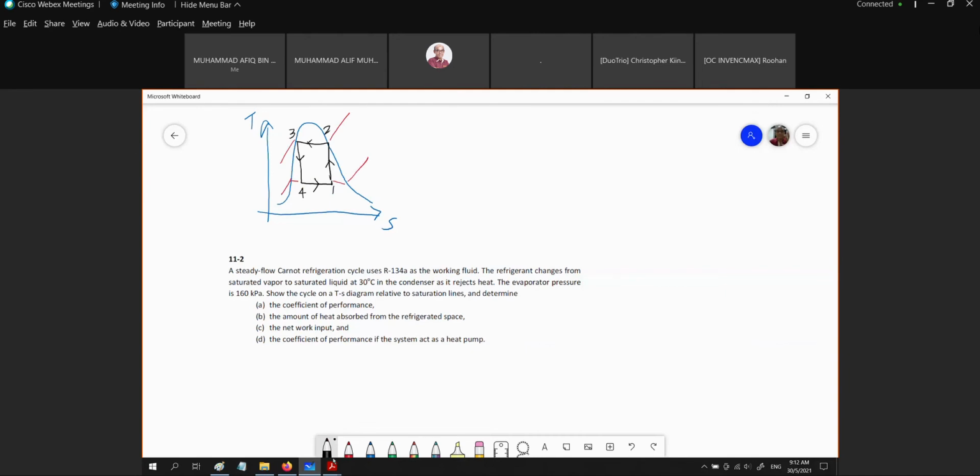Given here, the refrigerant changes from saturated vapor to saturated liquid at 30 degrees C in the condenser. So at the condenser side, the temperature is 30 degrees C, whereby we reject the heat.